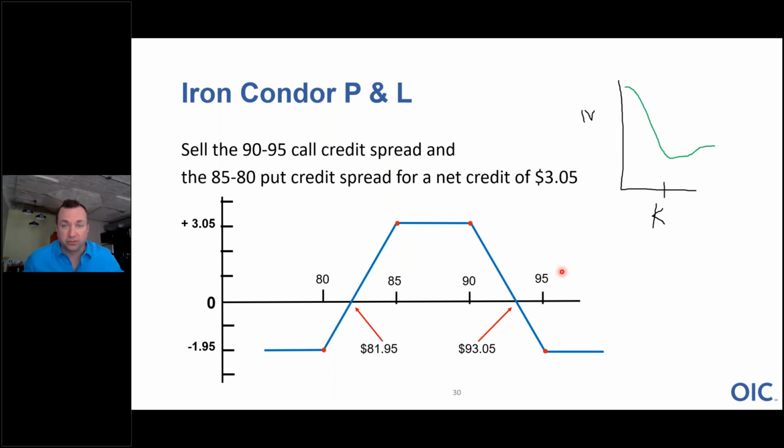Just look at the two numbers and you'll get a sense right away. Are these numbers the same? That's a symmetrical skew. Is the put trading for more? That's classic. Is the call trading for more? That's inverted. It's fairly easy to just eyeball and see what the skew looks like. And you can do, of course, a deeper analysis than just eyeballing it. You can take a quick eyeball snapshot and see what you're dealing with, and then make a decision from there if you want to buy more or sell more in one spot or the other based on what kind of skew you're dealing with.